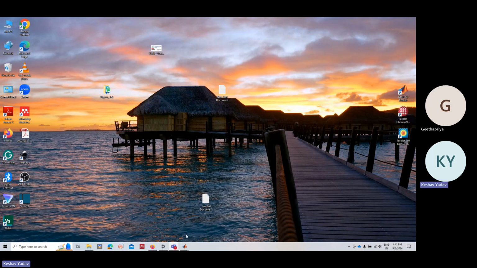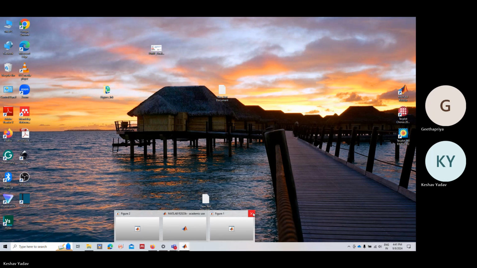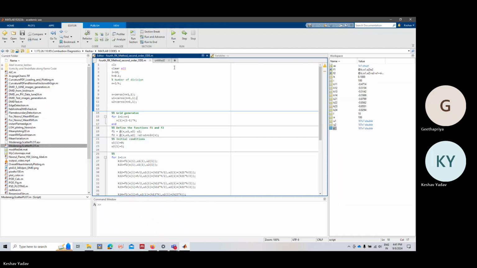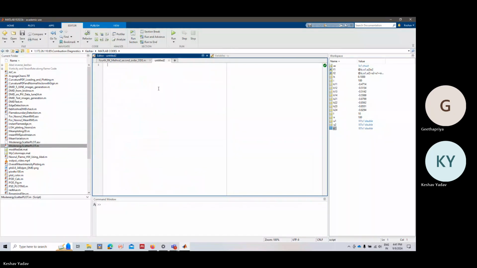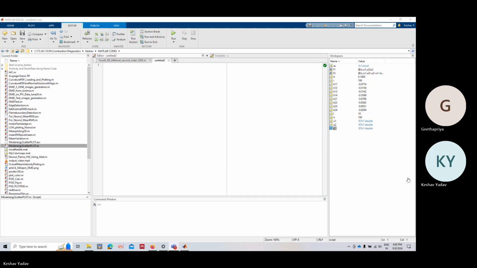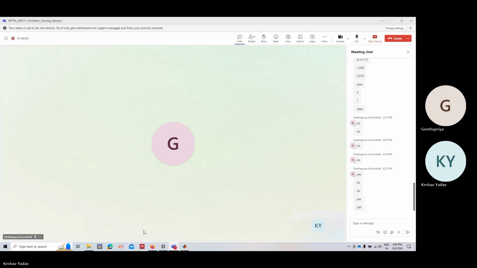Are you able to see my screen now? Okay, you are able to see my screen.